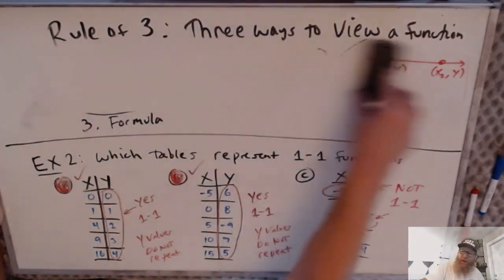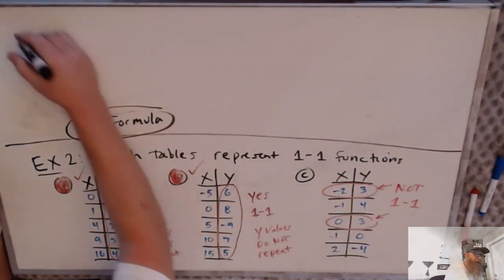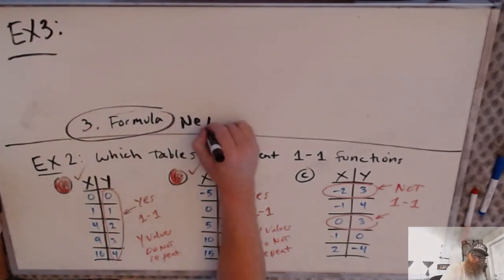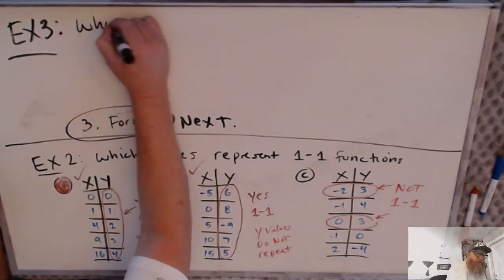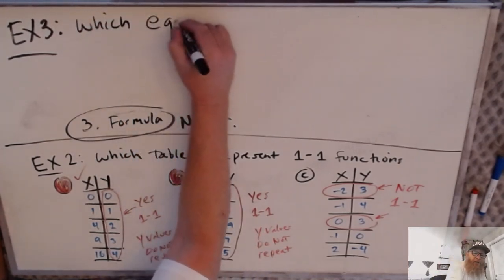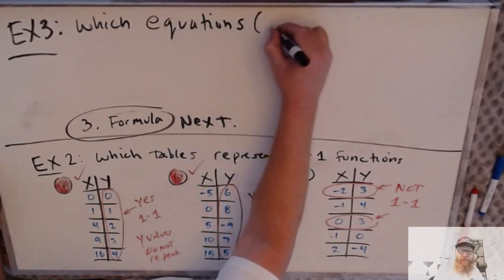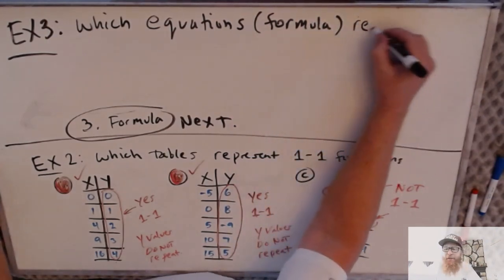Finally, our third way is if there's a formula. In other words, an equation. An equation is a formula for a function.